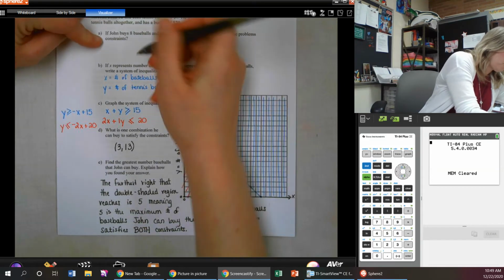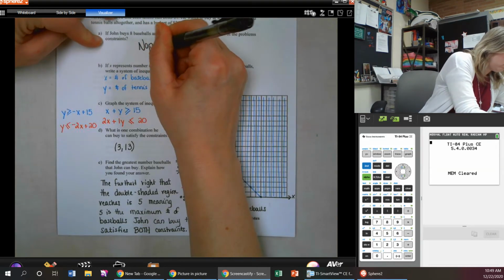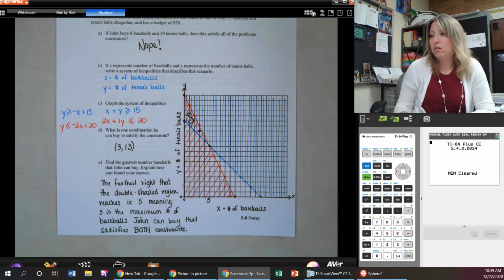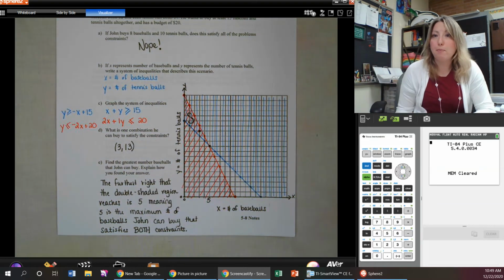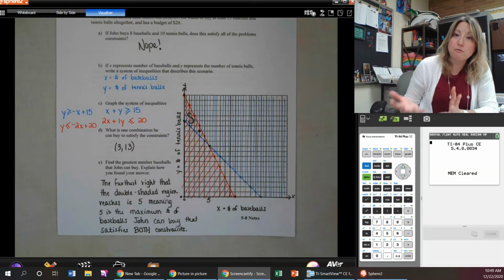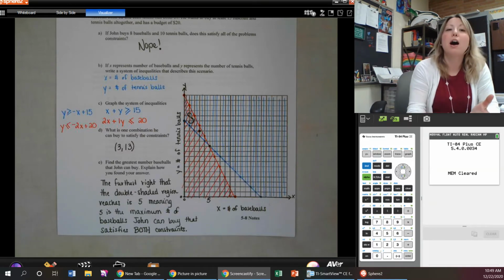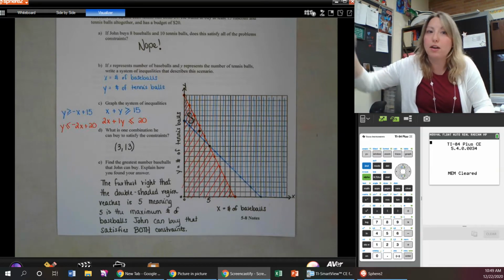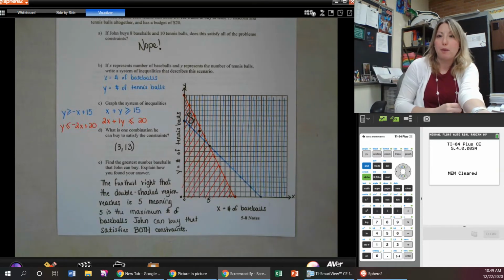Does this satisfy both constraints? Nope. Can't buy more than 5 baseballs and have both situations come out. So that's why I saved that for last, because we did all the work that got us to where was our max anyway. So then we can go back and talk about that particular problem.